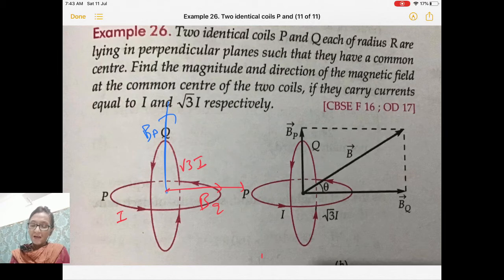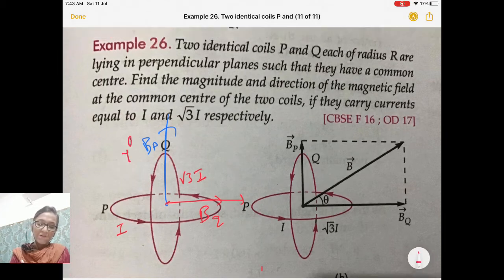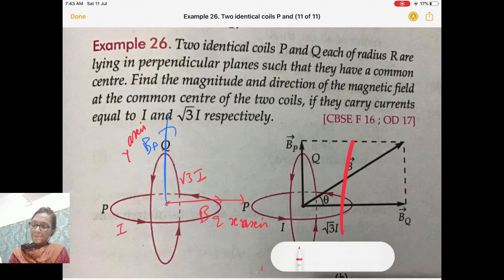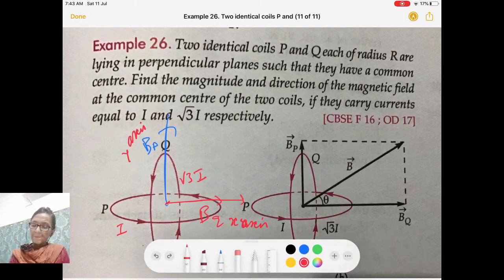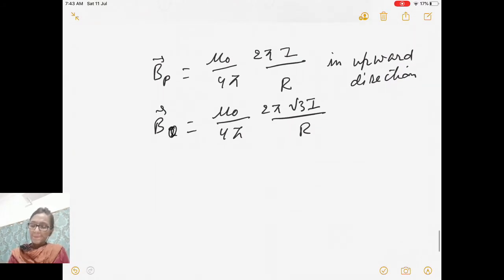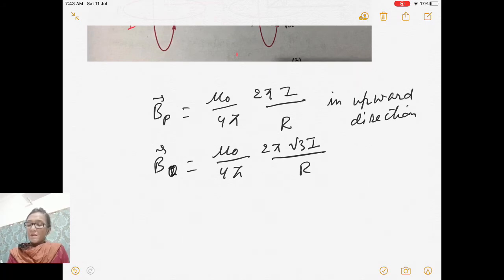If it is along x-axis and it is along y-axis, so you may also write in horizontal direction.